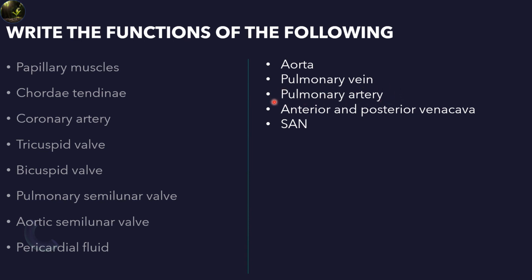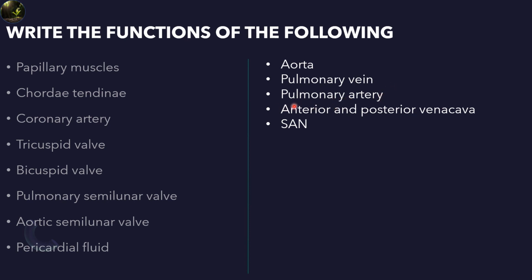Pulmonary artery is the only artery that carries deoxygenated blood. Then what is the function? Pulmonary artery carries deoxygenated blood from the right ventricle to the lungs.